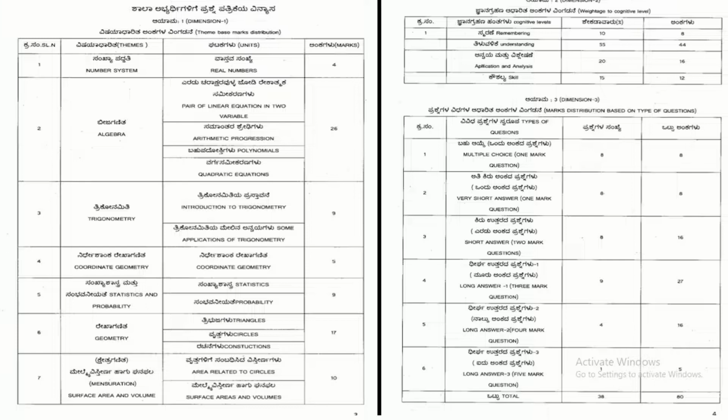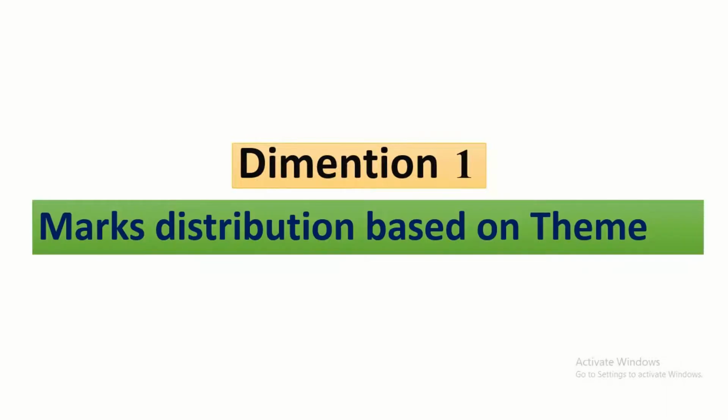So these are the dimensions used in that model. I explain here how, based on those dimensions, the questions may appear in the future examination. So here we take the first dimension, that is the marks distribution based on theme.